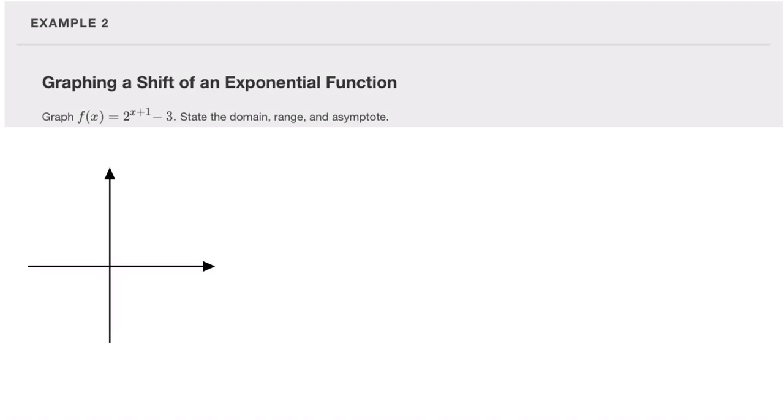Okay, so notice again, because of that minus 3, we moved the graph down by 3. So say our 3 is here, or negative 3. So here's our horizontal asymptote.